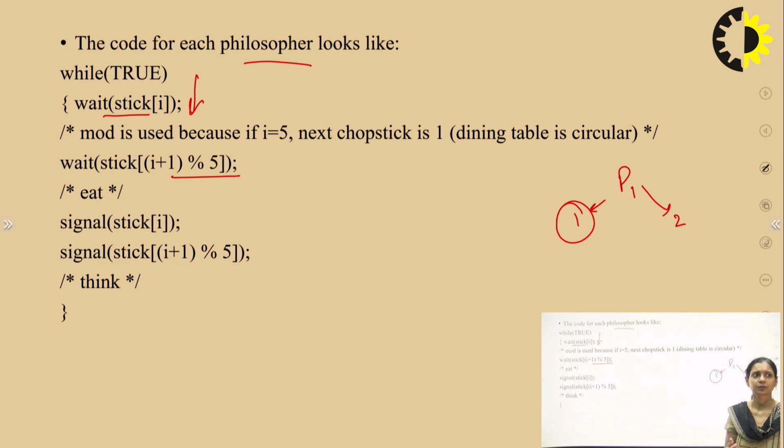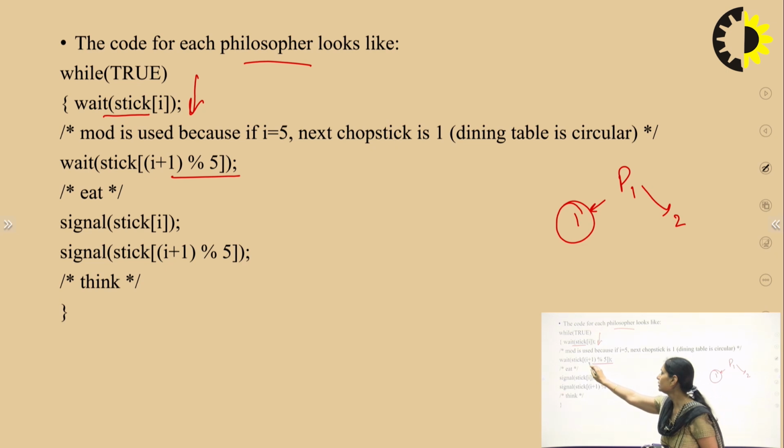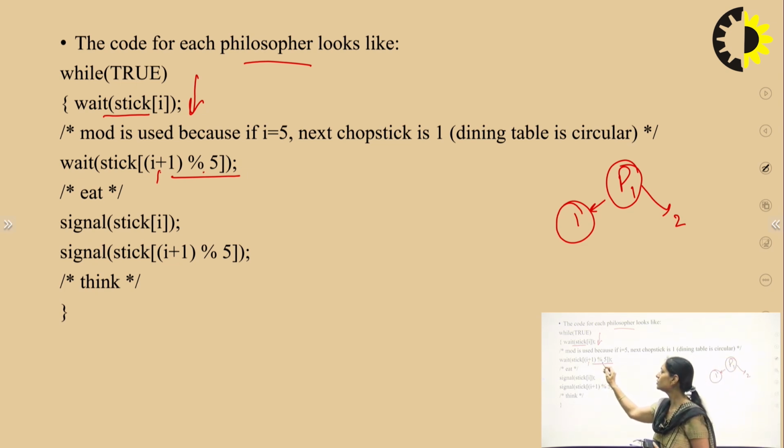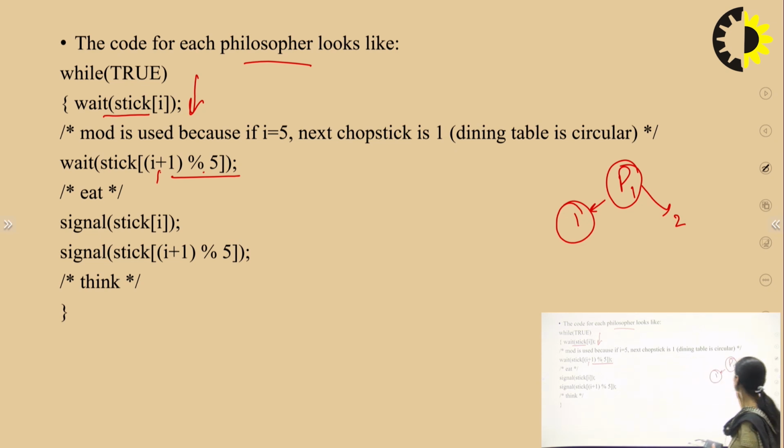We will discuss the formula shortly, and why we are using this modulo. So this one is I, that is, the value of I is 1 over here, because we are discussing it for the process P1. 1 plus 1 is 2, modulus 5 will give us the value 2. So now he is putting a wait on the second chopstick, and he has acquired these two chopsticks.